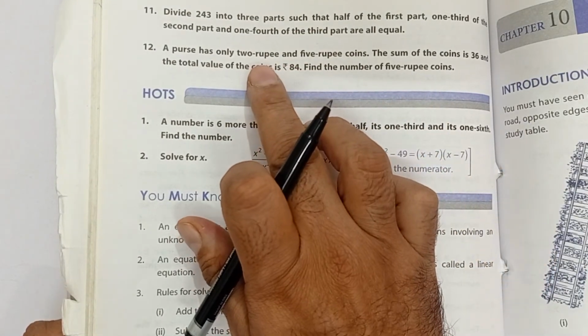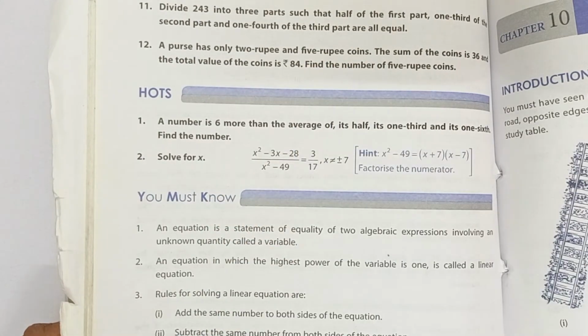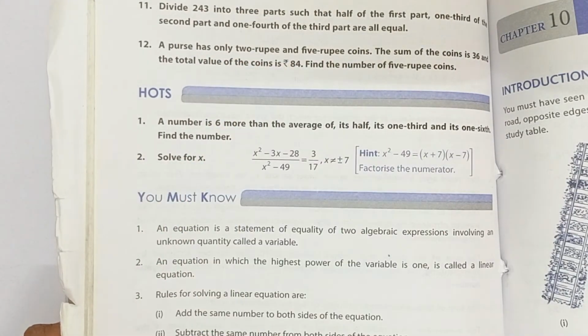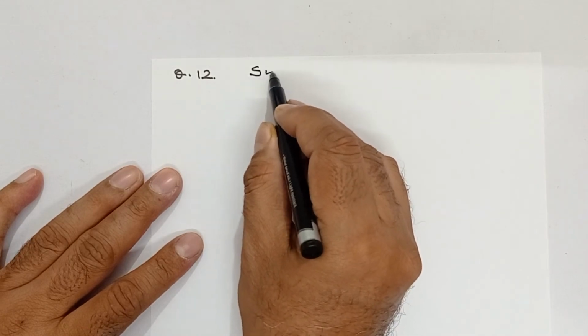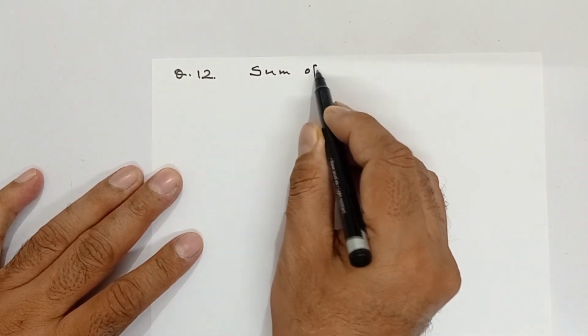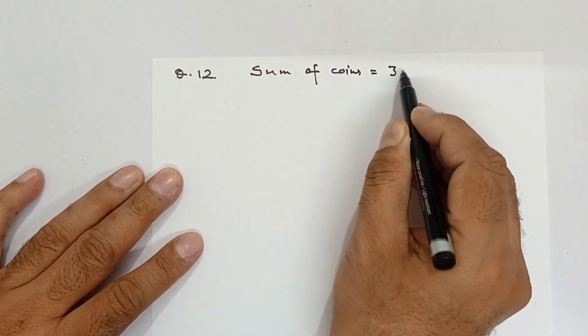Neither do we know how many are 2 rupee coins nor how many 5 rupee coins there are. We will assume any one. So first of all, the sum of coins is given as 36. I will write that sum of coins is equal to 36.